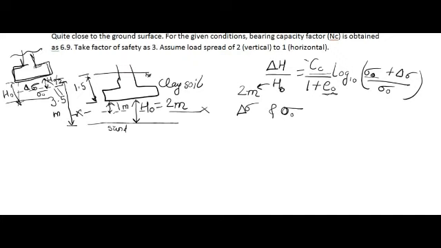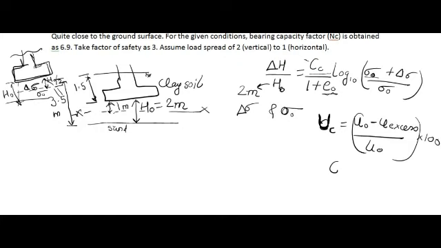So for finding Cc, the compression index, as we studied earlier, U, that is the degree of consolidation, can be found by initial pore water pressure minus excess pore water pressure, divided by initial pore water pressure, into 100.